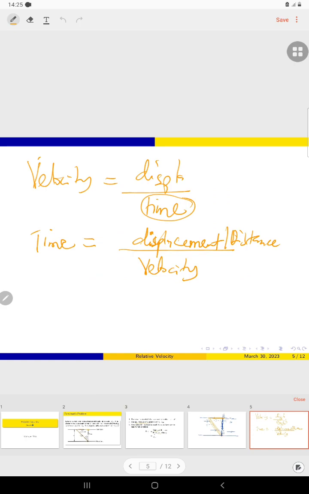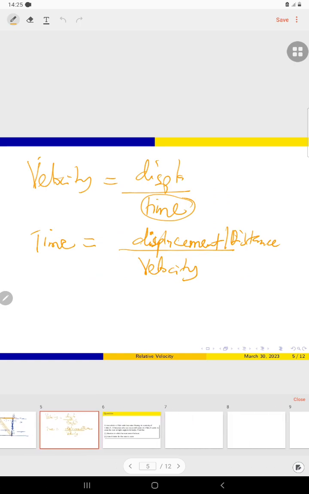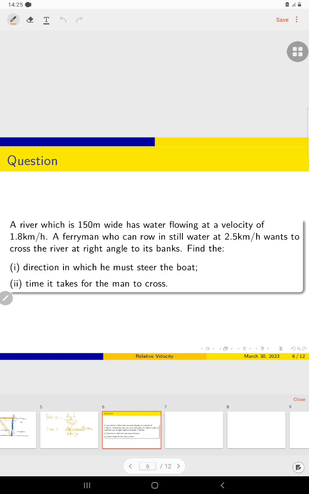All right, let's pick a nice example, a nice question on this. A river which is 150 meters wide has water flowing at a velocity of 1.8 kilometers per hour. A ferryman who can row in still water at 2.5 kilometers per hour wants to cross the river at right angle to its bank.